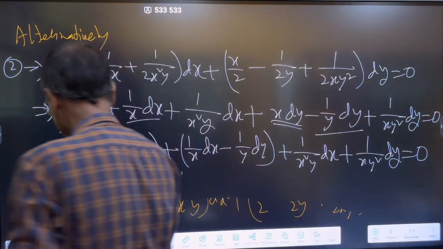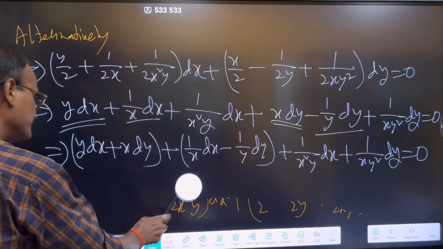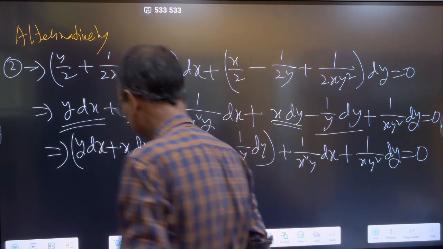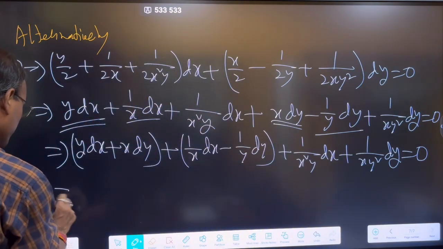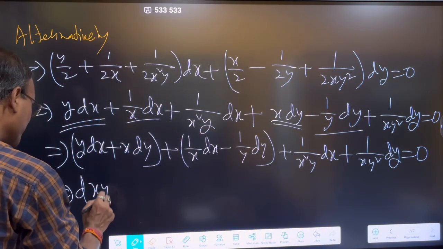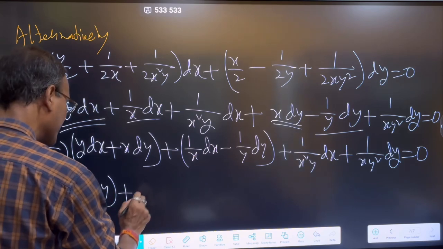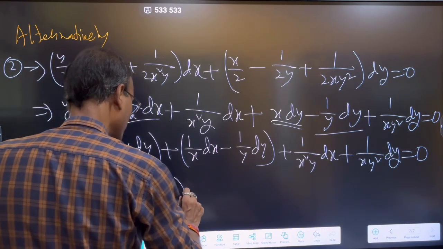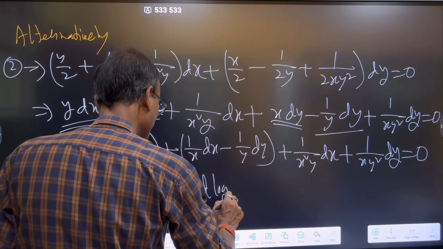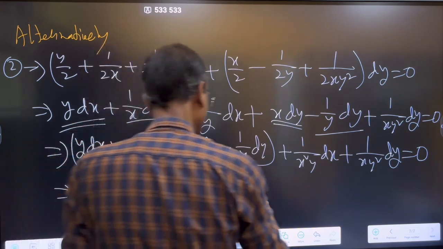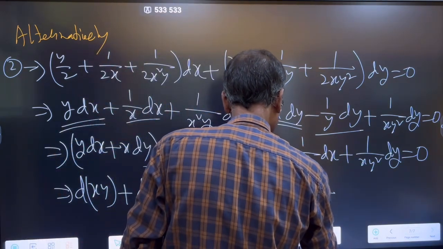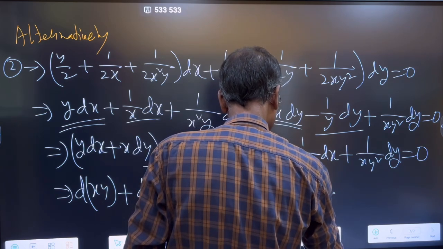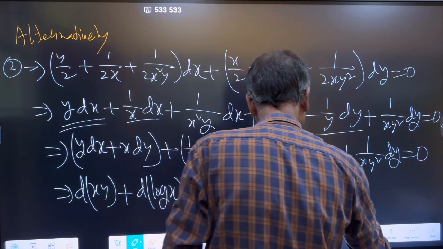Next, this means d of xy plus d of log x minus d of log y, plus, it can be written as x square y square times y dx plus x dy, equal to 0.